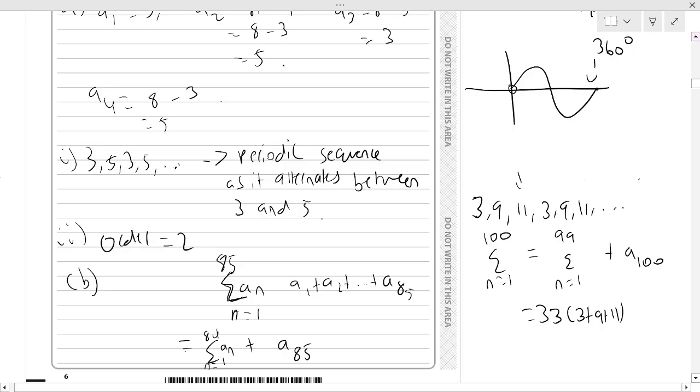Well, it's going to be 11, because I notice this is in multiples of 3. So 11's in the 3, 6, 9, and 99's a multiple of 3. So if A99 is 11, then the next term will be 3. So A100 would be 3. Then if I put that into the calculator, I can work out the series of this.